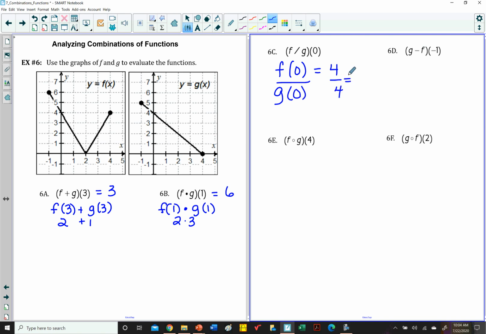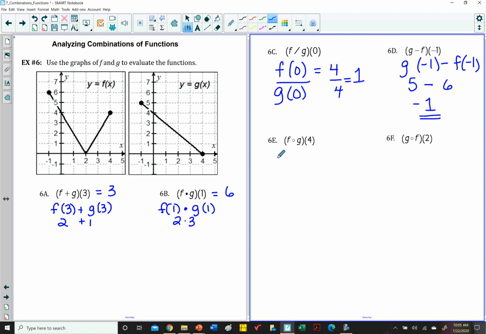So the f of 0 divided by the g of 0 would be 1. The g of negative 1 is, what's that, 5? And the f of negative 1 is 6, and we want the difference, so negative 1 in this case.